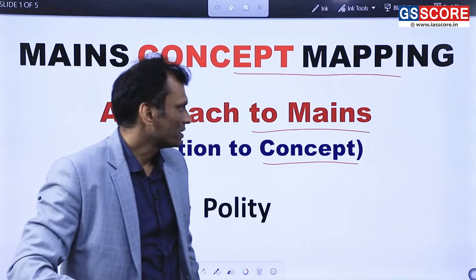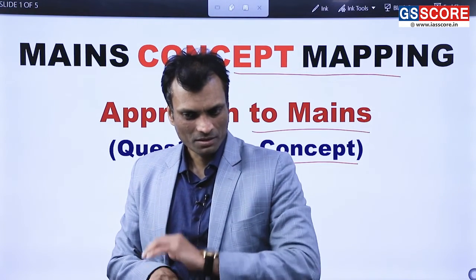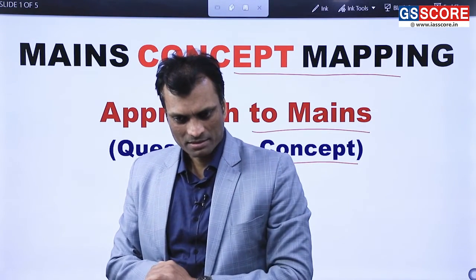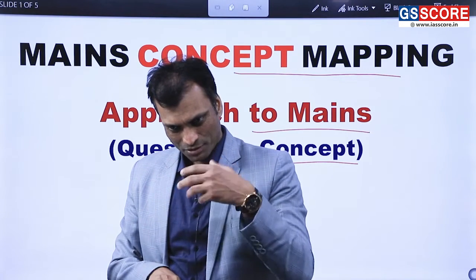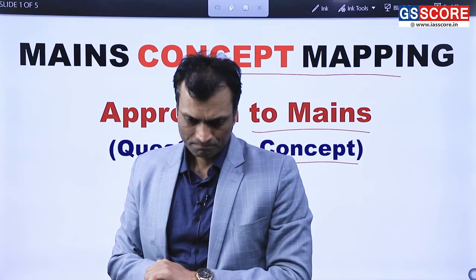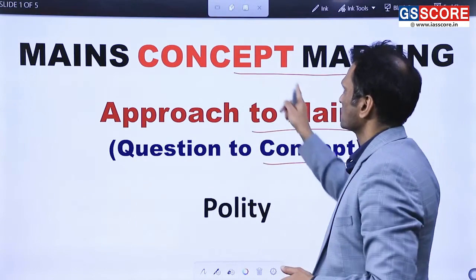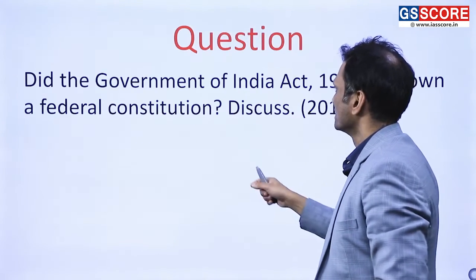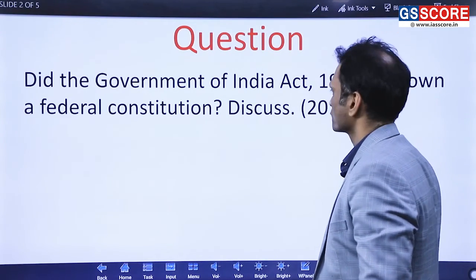And therefore, when we understand polity in a thorough, proper manner, with someone who has a real interest in disseminating knowledge to all of you, that's how your concept clarity will be totally good. So what are the possible questions from the particular topic we have taken? Tremendous amount of questions we can generate from here.